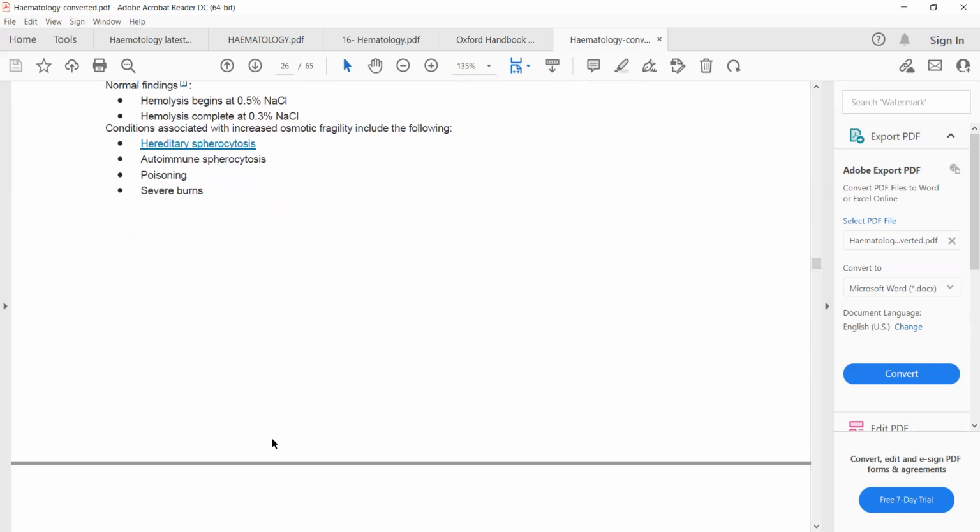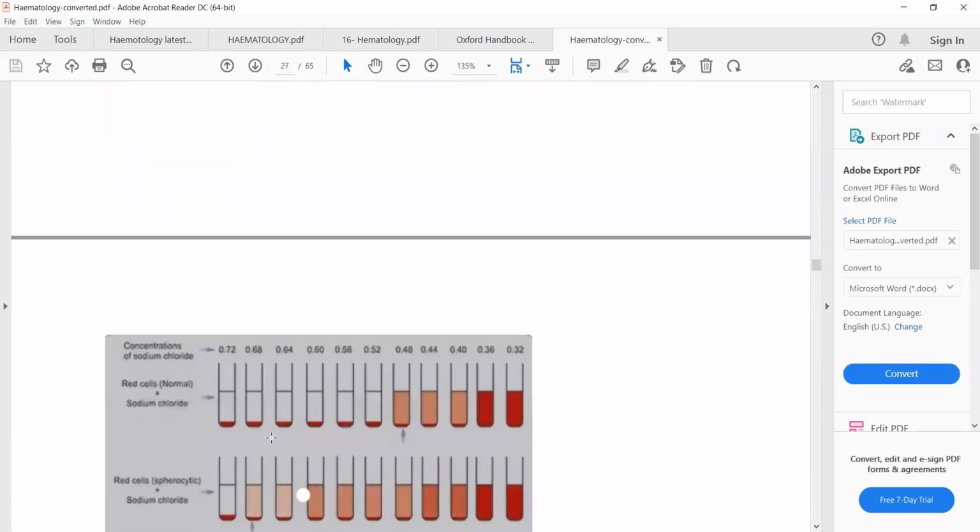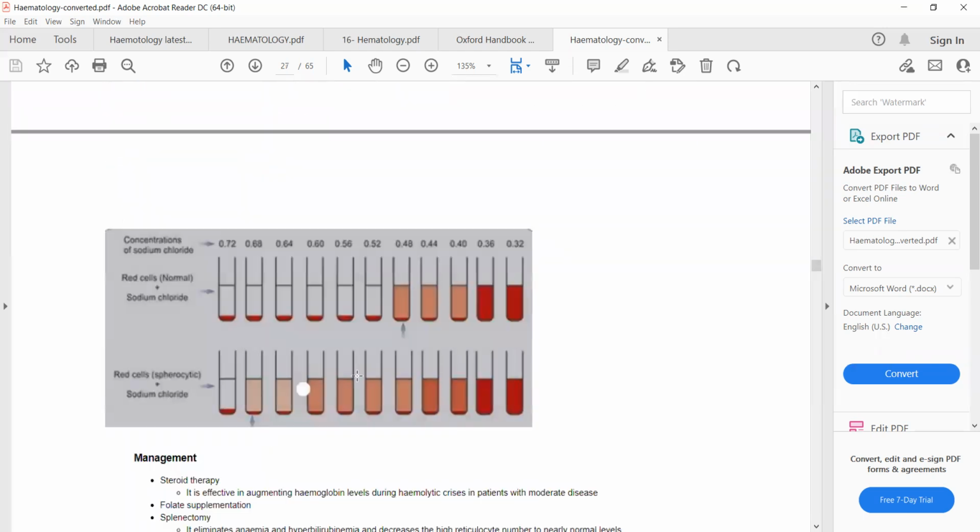So what does increased osmotic fragility mean? In normal RBCs, you can see varying degrees of normal saline solution. This is 0.7, 0.6, 0.5, 0.52, 0.48, 0.44, etc. So these are normal RBCs, which are exposed to different concentrations of sodium chloride.